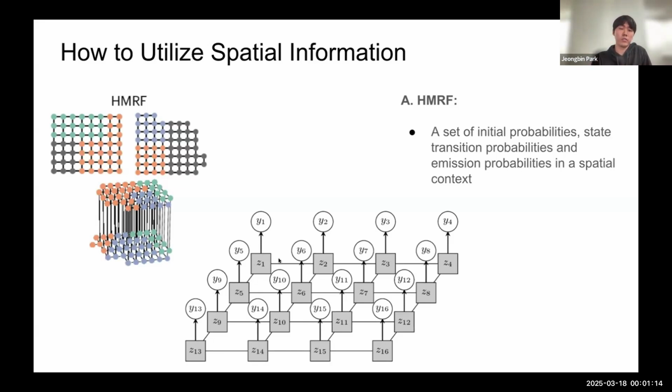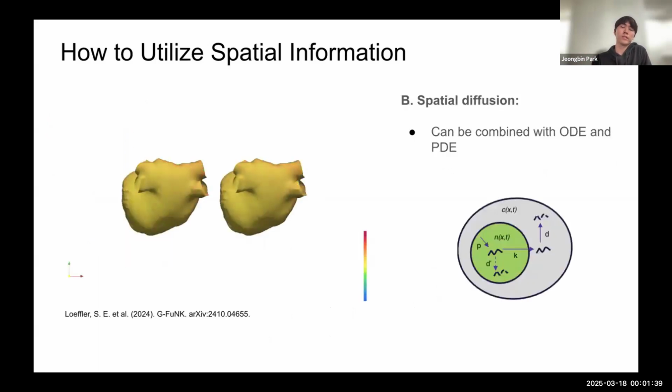And there are relationships between hidden variables in a spatially aware context. When using statistical or computational models, we can infer the hidden state as well as the observation when given the data. In such a context, we can identify the cancer clones, tumor phylogeny, trajectory analysis, and so on. The second example is the spatial diffusion.